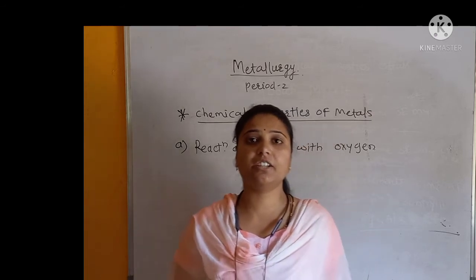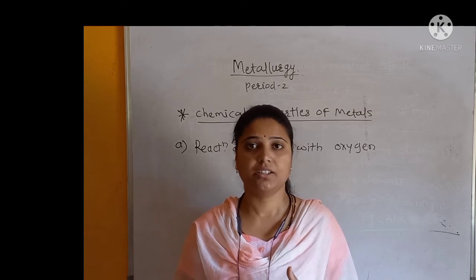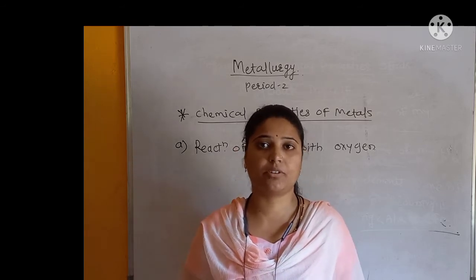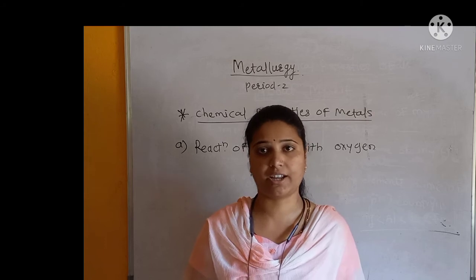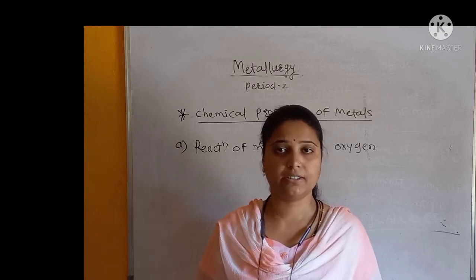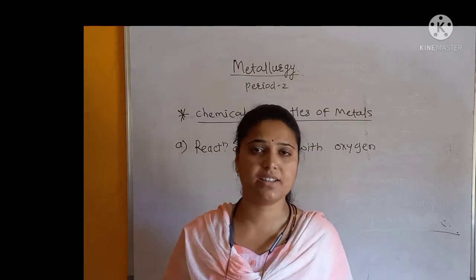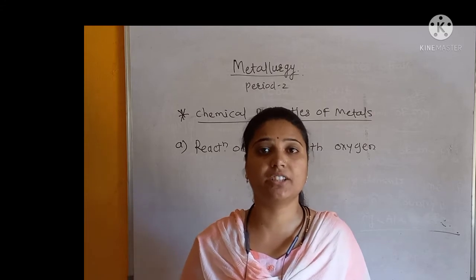But the reactivity in forming metal oxides is different for every metal. Some require very little time for oxidation, some require a very long time. Based on that, today we see the basic chemical properties, and after that we discuss the reactivity of metals.